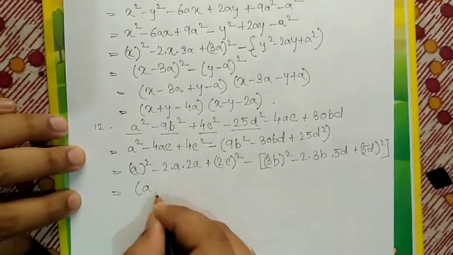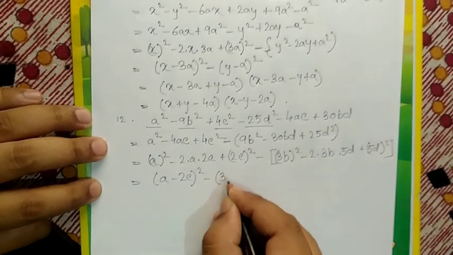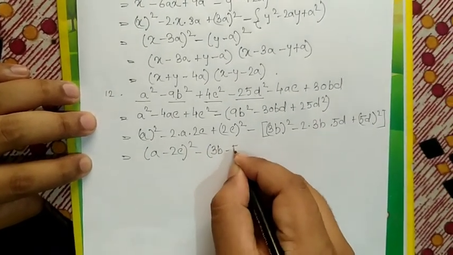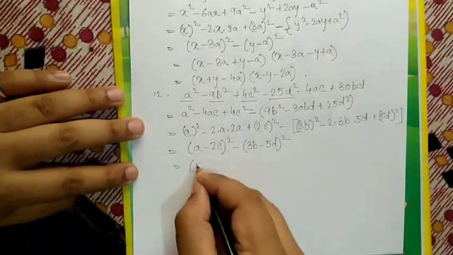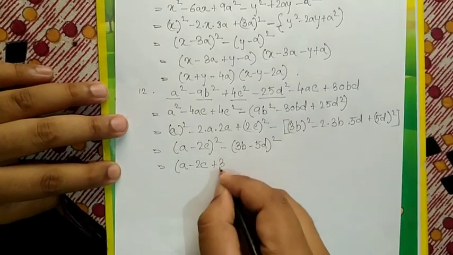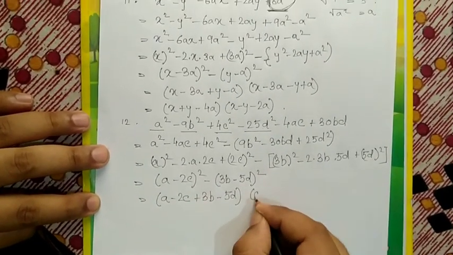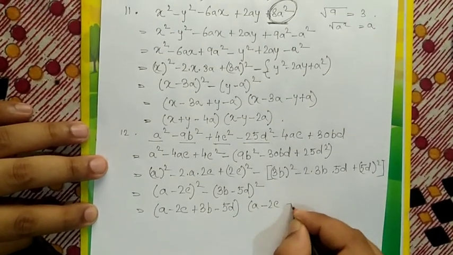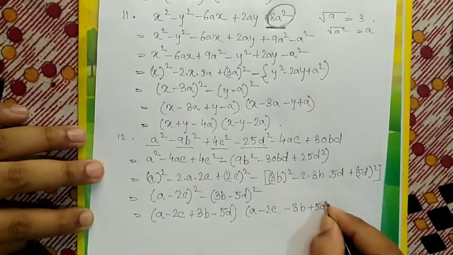First, a minus 2c whole square, last one is 3b minus 5d whole square. a square minus b square form a plus b, a minus b. Complete.